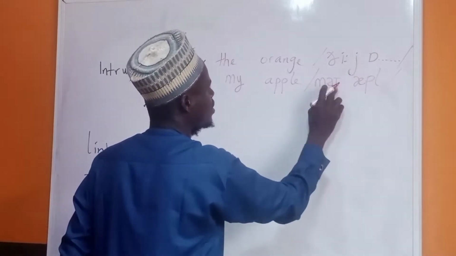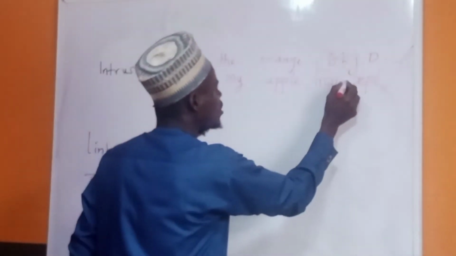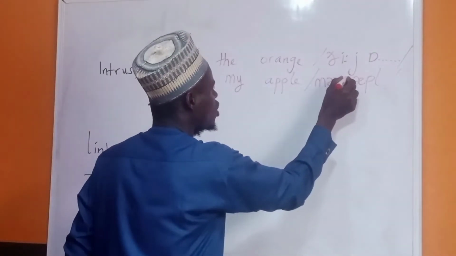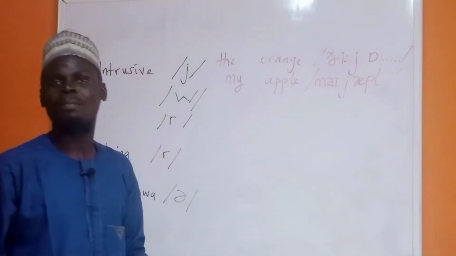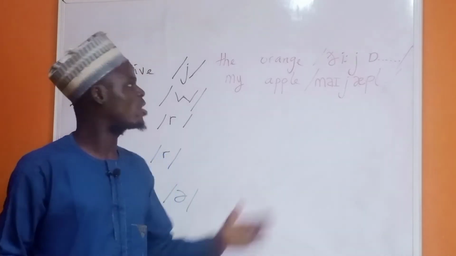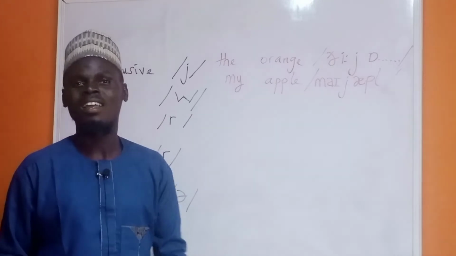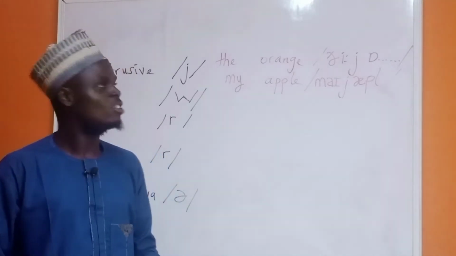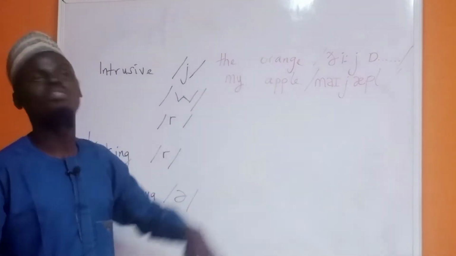This is E. This is a vowel. The rule says you insert a y here. You now see, my apple is there, my apple is there. You may find it difficult to understand what the person is saying just because of the intrusive y he's using here. My apple is there. So these are just few examples for the intrusive y.